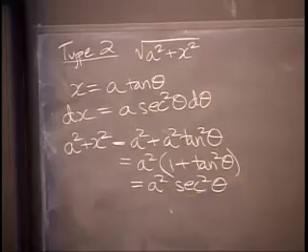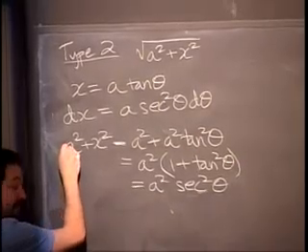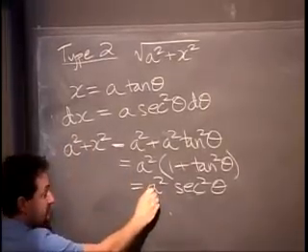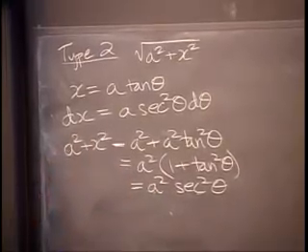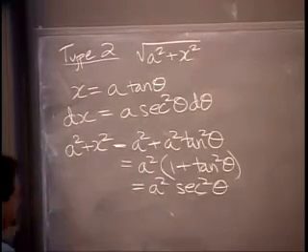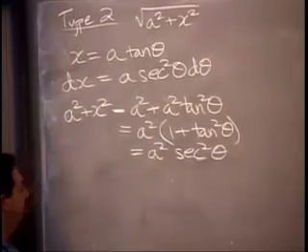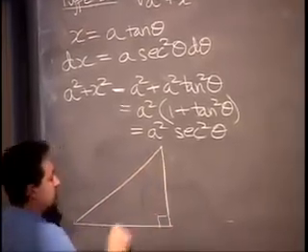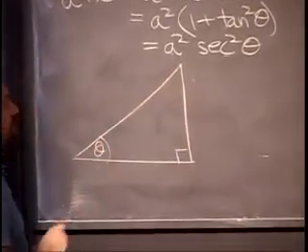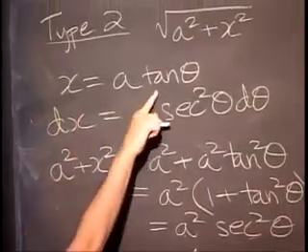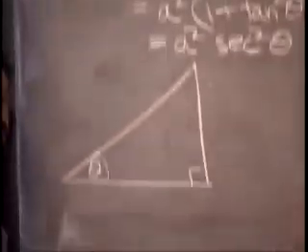So again, when we take the square root of this, which we will have to in our integral, it will just be a secant theta. Again, there should be an absolute value. Doesn't really, it's not necessary. Just thinking ahead, we're going to need a triangle, but it looks a little bit different. This time, if you go back to the original equation, tan theta is x over a.